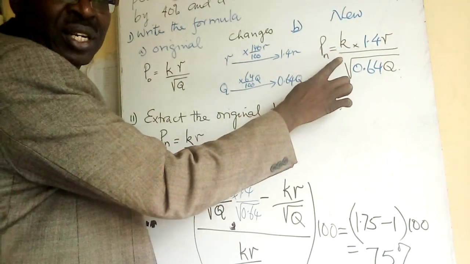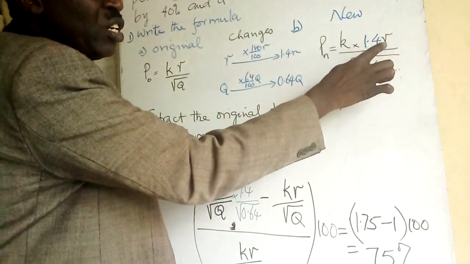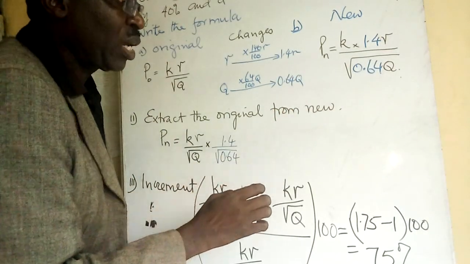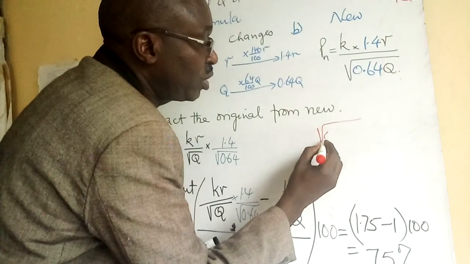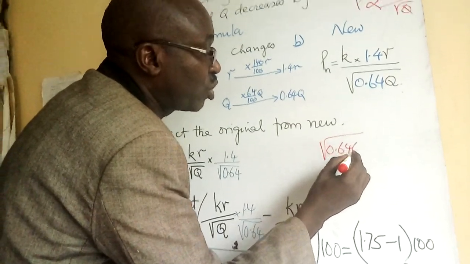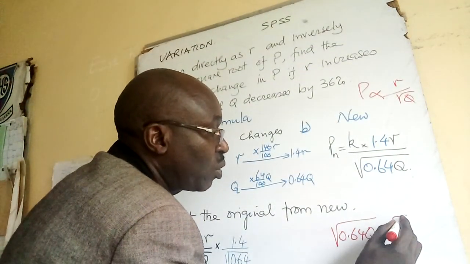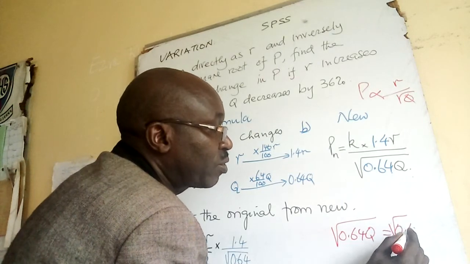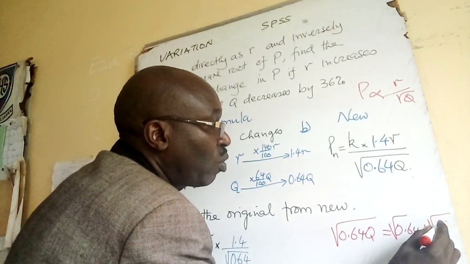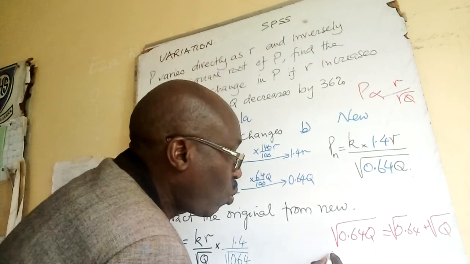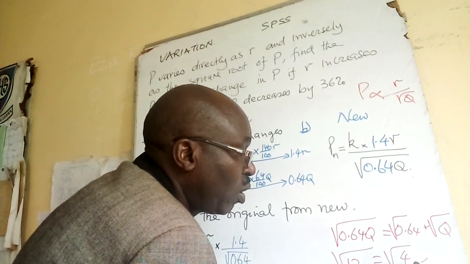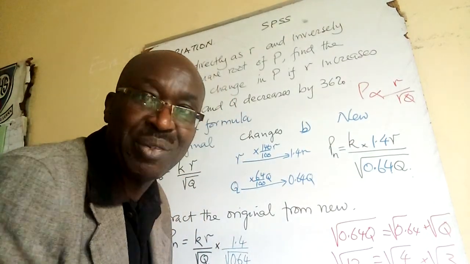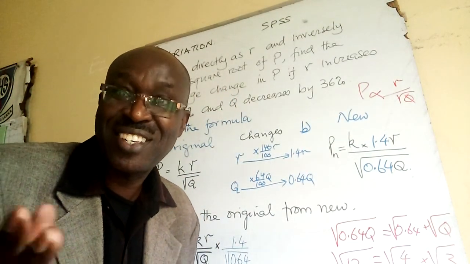You see, I wrote the original in black. And I want you also to know square root of 0.64q is the same as square root of 0.64 times square root of q. Square root of 12 is equal to square root of 4 times square root of 3. Remember? SADS.